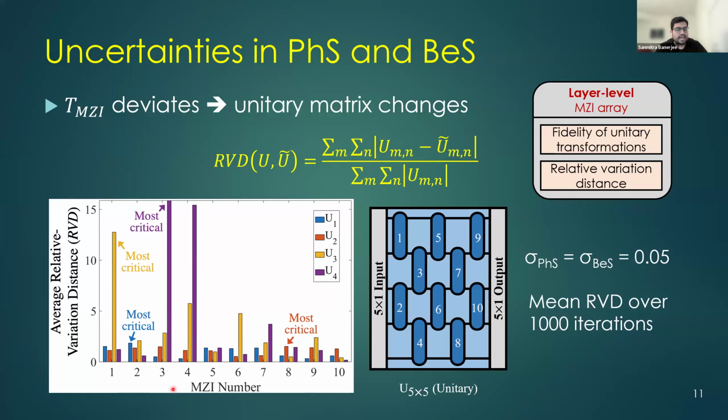Across these 4 different 5x5 examples, we see that different MCIs are critical in different cases. For example, for U1, the maximum average variation distance was observed when there were variations in MCI number 2, which is this MCI. For U2, the most critical one was MCI 8, which is this MCI. So what this shows is that the criticality of photonic neural network components is highly tied to the tuned phase angles.